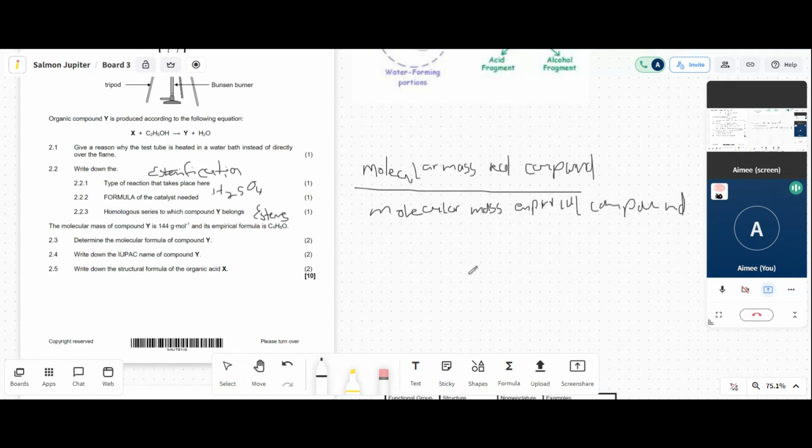That's going to give us a ratio. So we're going to substitute in the 144 grams per mole for the molecular mass of the real compound, because that's what they gave us.